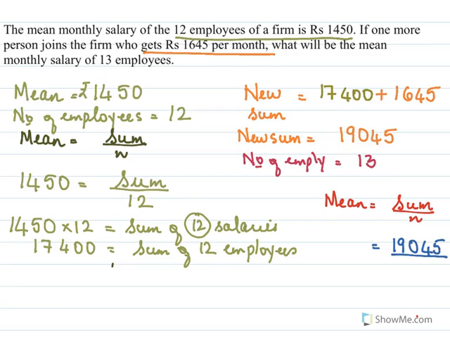One employee has come in, so we no longer have 12, we have 13 employees. So divide by 13. The new mean now is 1465. This is the new mean salary of 13 employees.